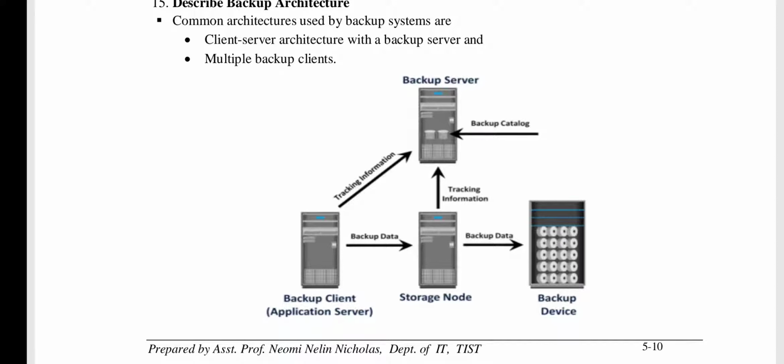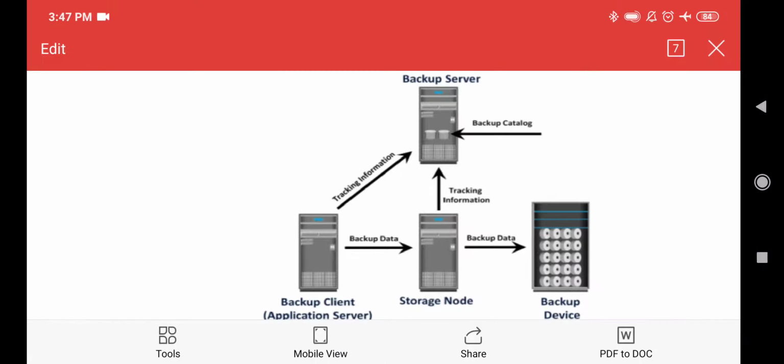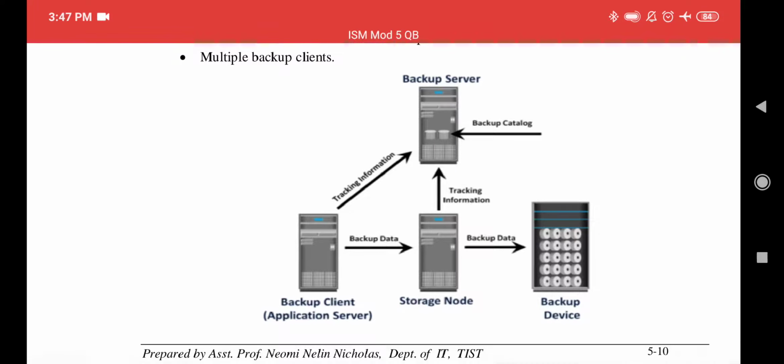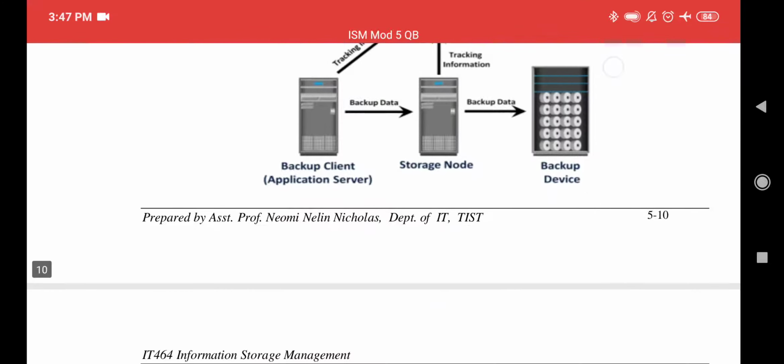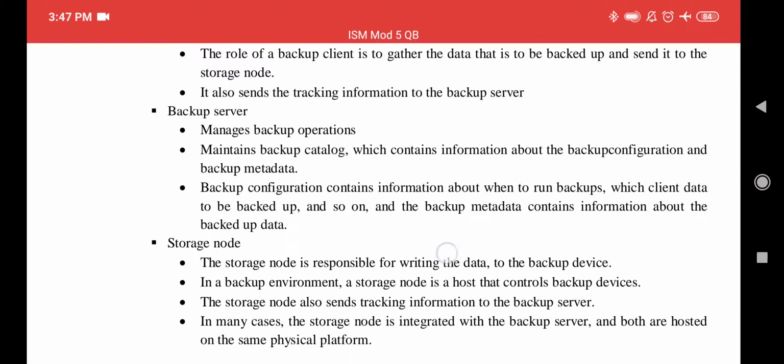After storing, the metadata, that is information regarding the data that is stored, the time, etc., is passed on to the backup server, and it is maintained in a catalog also. So that is the architecture. The explanation is given right below.